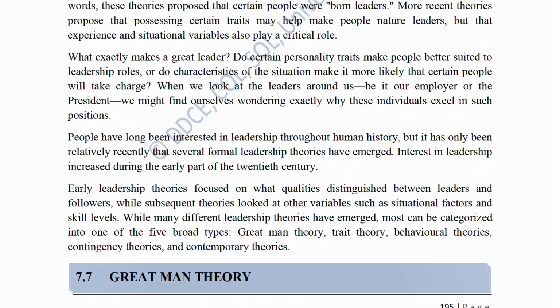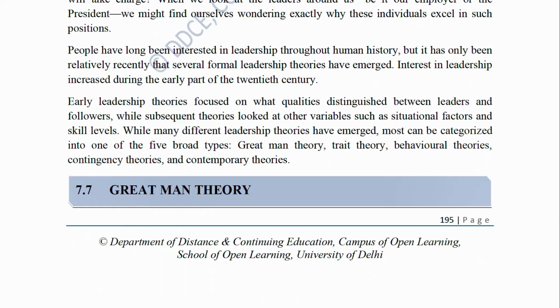Early leadership theories focused on what qualities distinguished between leaders and followers, while subsequent theories looked at other variables such as situational factors and skill levels. While many different leadership theories have emerged, most can be categorized into one of the 5 broad types, namely great men theory, trait theory, behavioral theories, contingency theories, and contemporary theories.